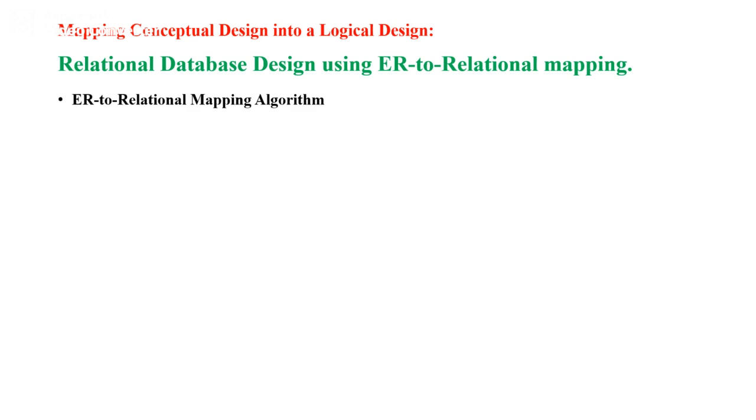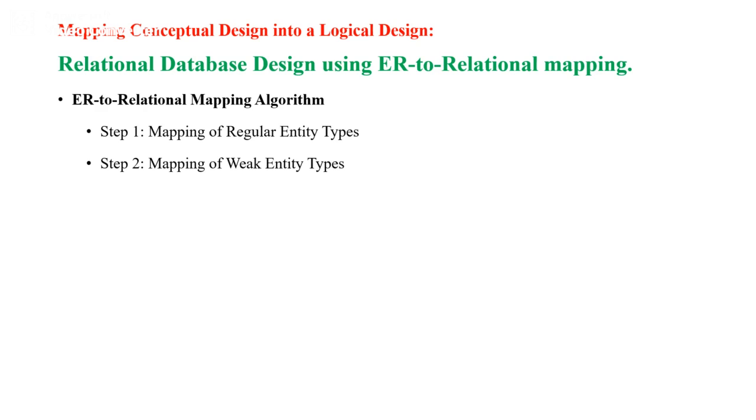There are a few steps. We will see how we are converting ER to the relational mapping algorithm. Step 1: we are mapping regular entity types. Step 2: we are mapping a weak entity type. Step 3: we are mapping a binary 1:1 relationship type.